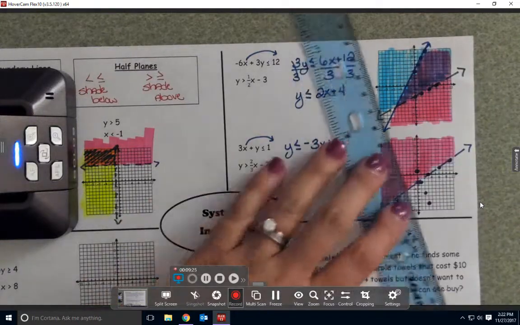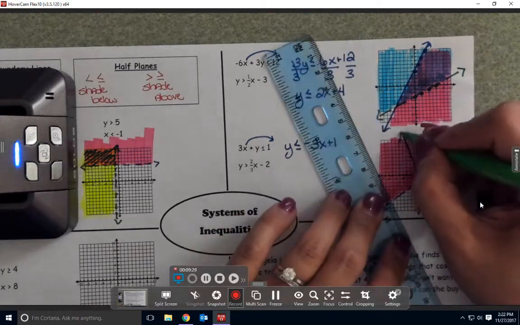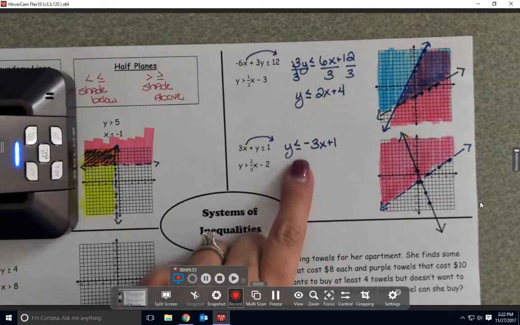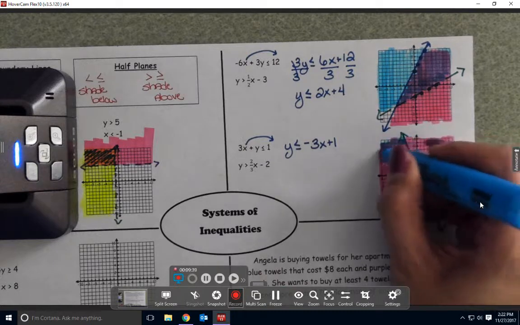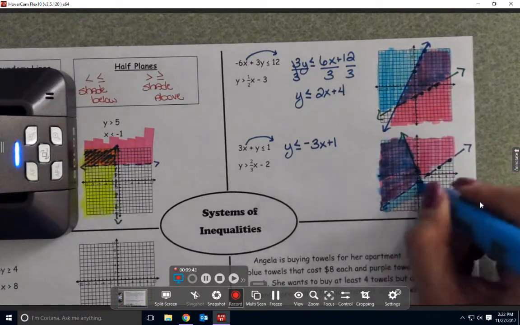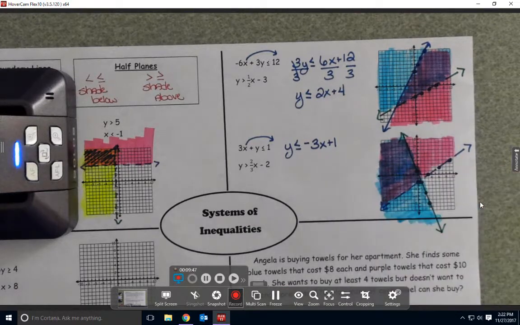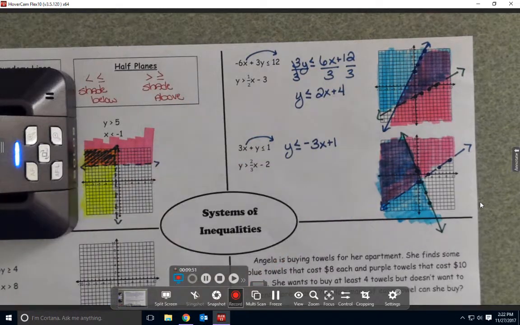And it is equal to, so that means I have a solid line. And then everything that is less than this line, so everything less than that -3x plus 1 is going below the line. So that would be everything on this side. So again, you can see my solution set is this darker area right here.